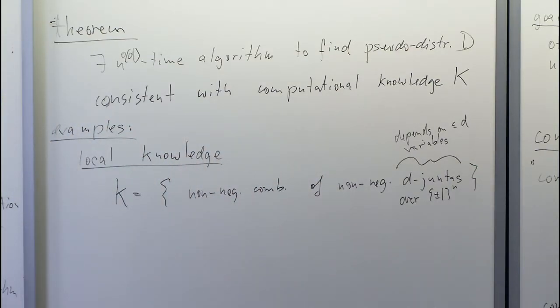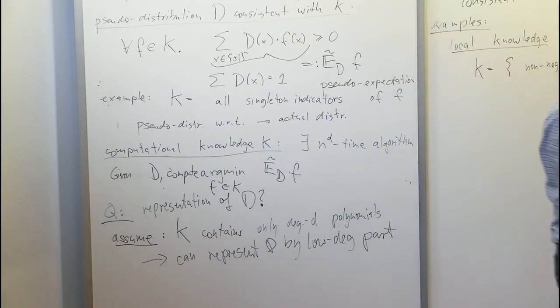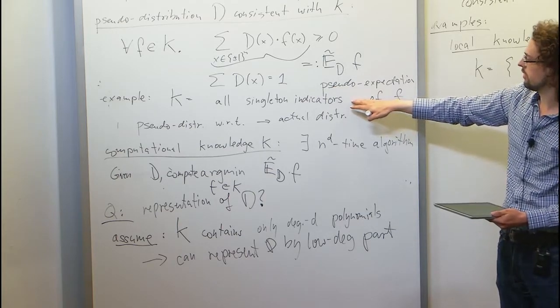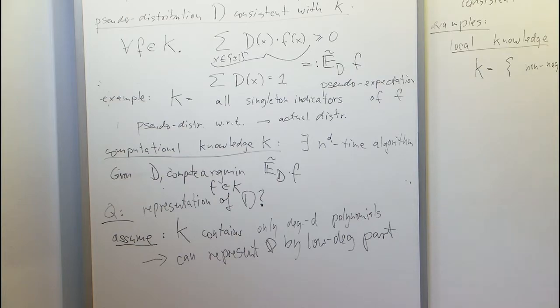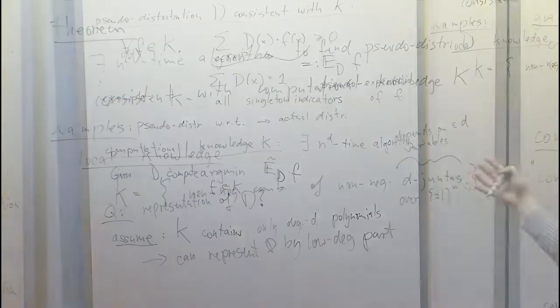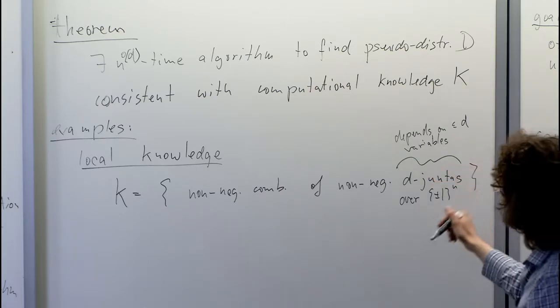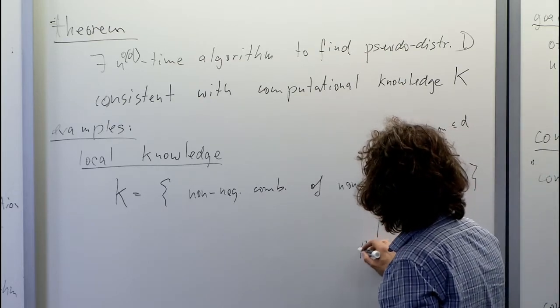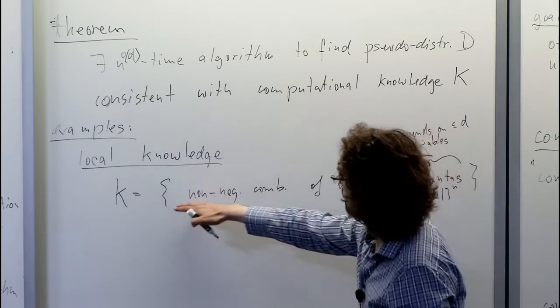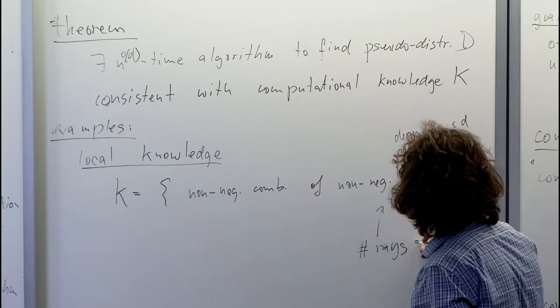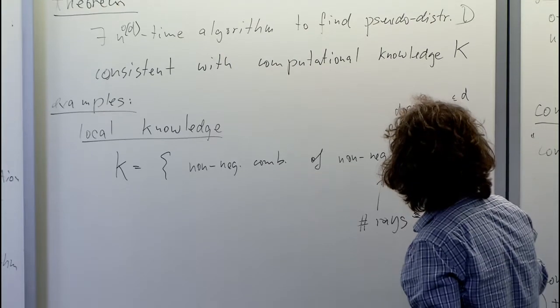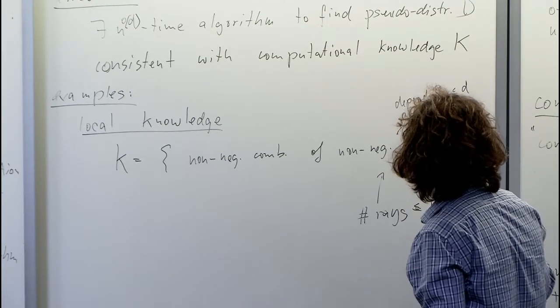So in particular, they satisfy this here. If you choose D to be very large, like n, then this set will also contain these indicators. That means that if you choose D to be n, then you actually talk about actual probability distributions. Another fact is that this here is a convex cone, and the number of rays is roughly 2 to the d times n choose d.